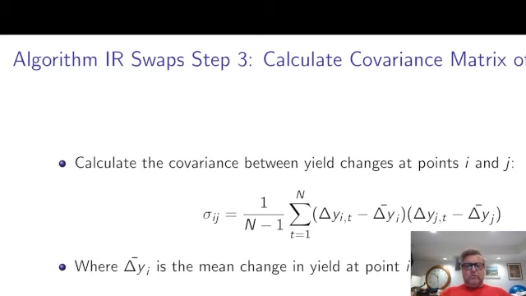Then we calculate the covariance between the rate changes at points i and j. The sigma ij, we can look at the formula. That's the standard covariance formula, where we basically take the change over n observations.